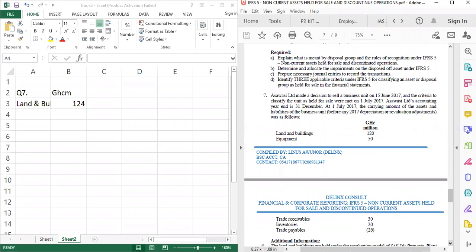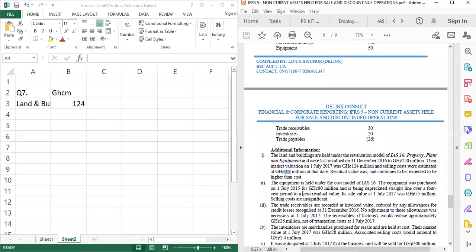Okay, let's come to the second note. When was the equipment bought? 2015 for 80 million, isn't it? 2015 to 2016 is 1 year. 2016 July to 2017 July is how many years? 2 years. So it means that we should have depreciated the asset for 2 years.